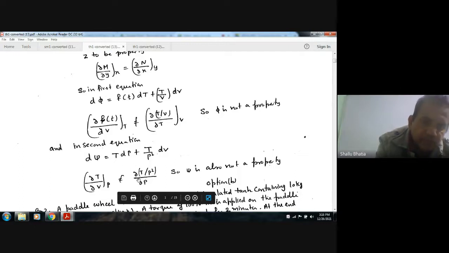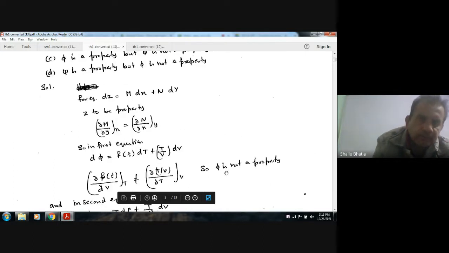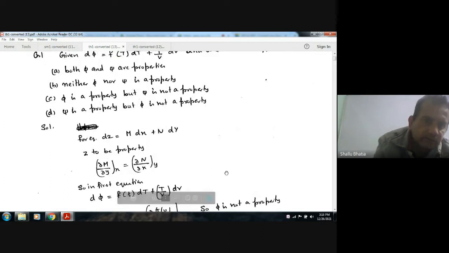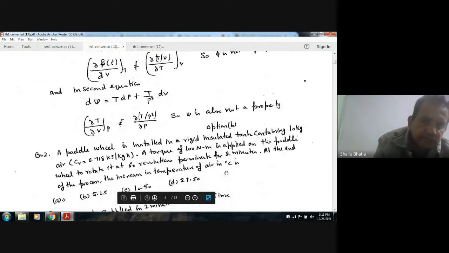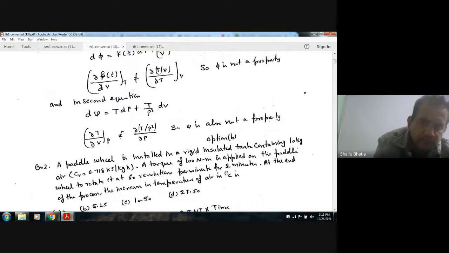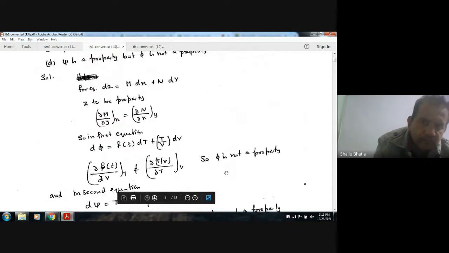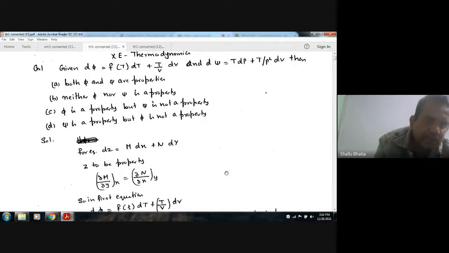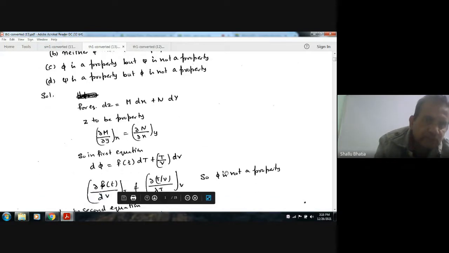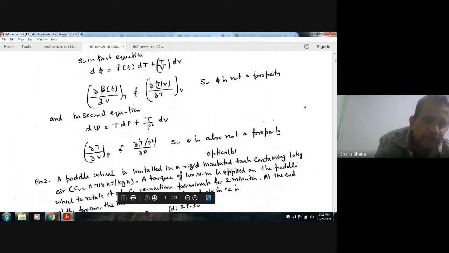So this is also not satisfied. It gives a different result. So ψ is also not a property, so the answer is A. Sorry, option B is the right answer: neither φ nor ψ is a property. Both are not properties.